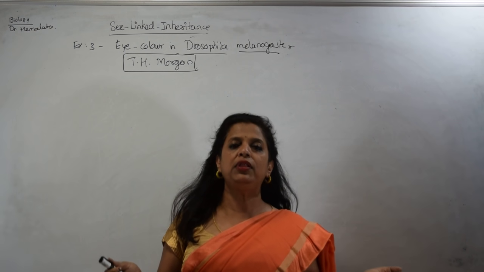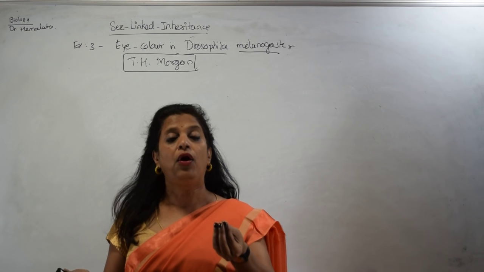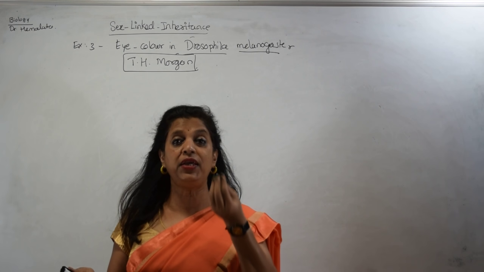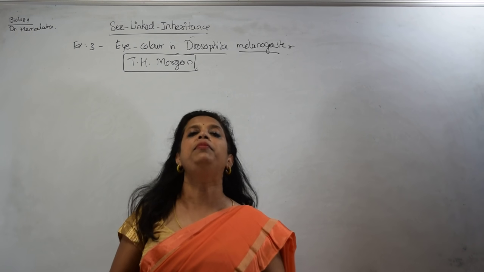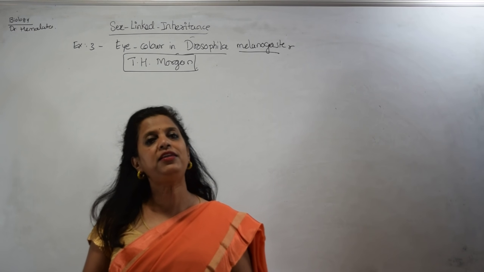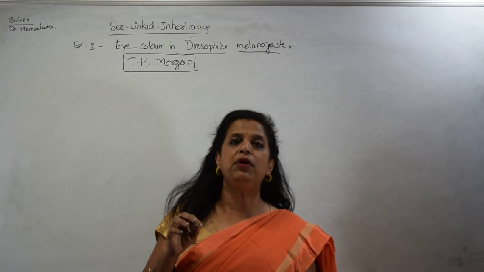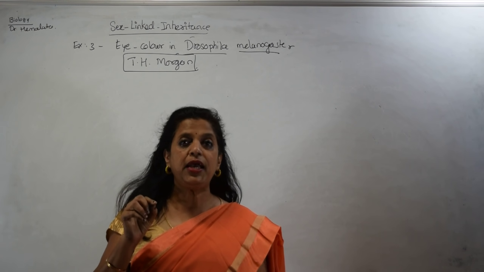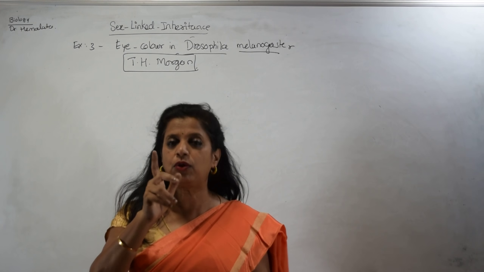But when he was growing the insects in a group, he suddenly found a few male offspring which had white eyes. He found that some were male insects, and when he checked their sex, they were all males. Then he gave the explanation that this character of eye color in Drosophila must be linked with the sex chromosome.